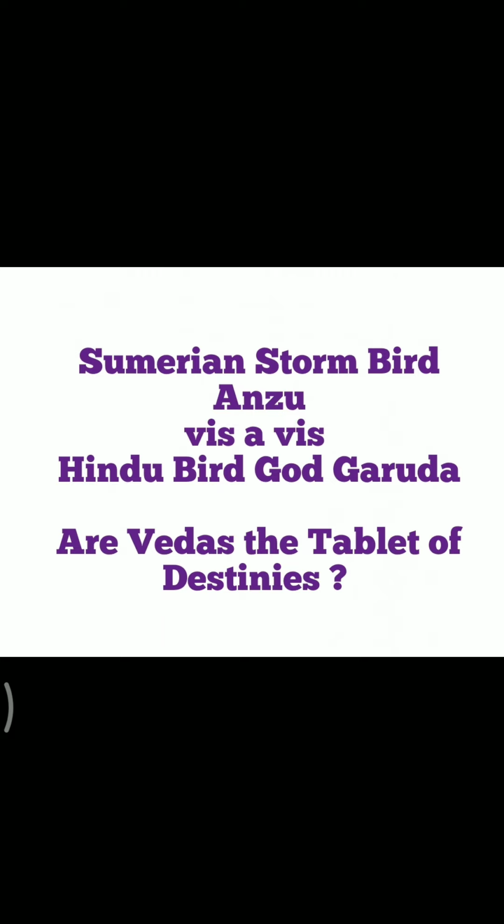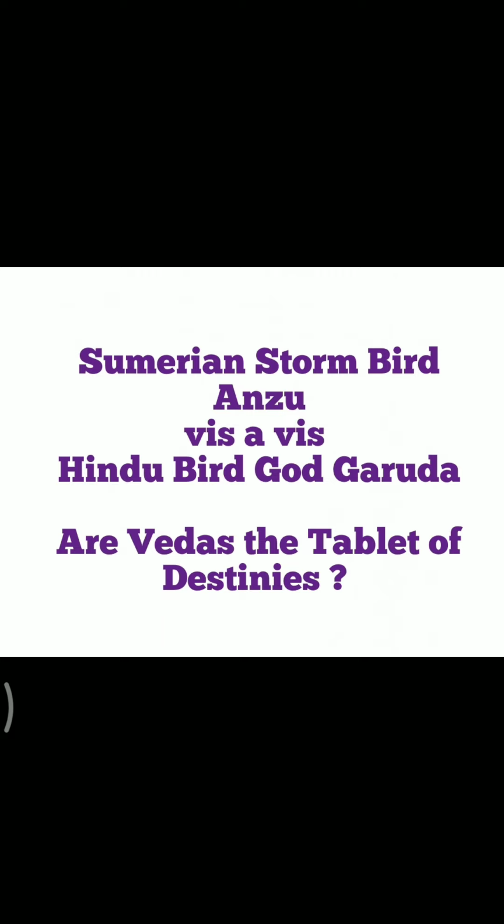It reminds them of Christ. So the Christ they are remembering here could be Kingu as well. That's my opinion. So these parallel characters of Kingu, Anzu, and Mumu, or even Garuda in Hindu mythology.